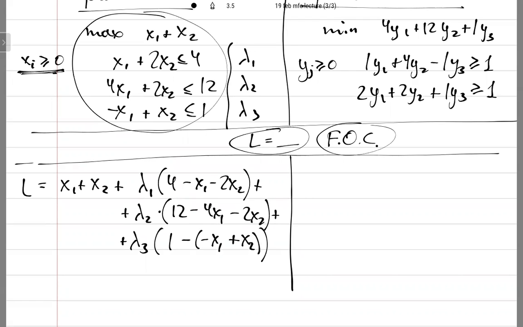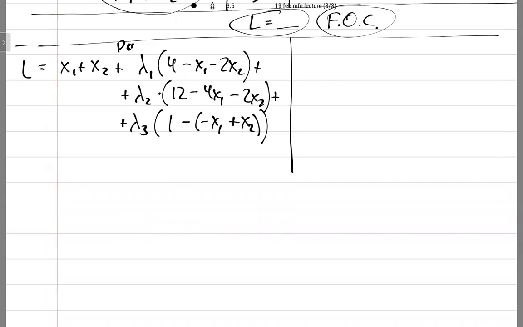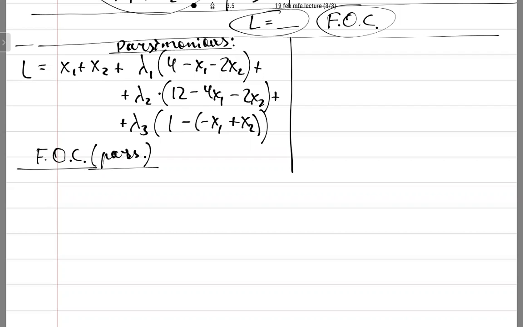That's the parsimonious version of the Lagrangian function, and let's write first order conditions. This version of first order conditions is used when you have non-negativity constraints.